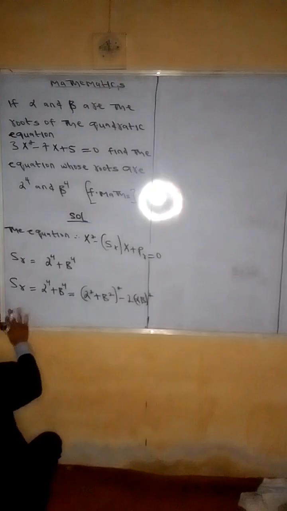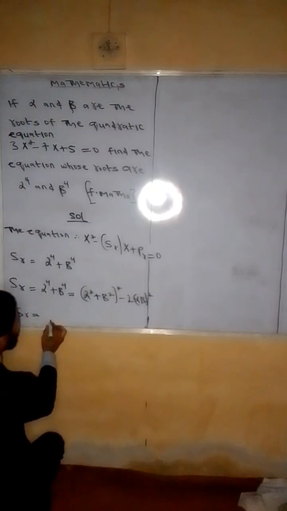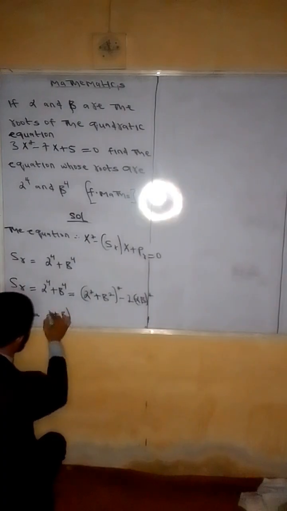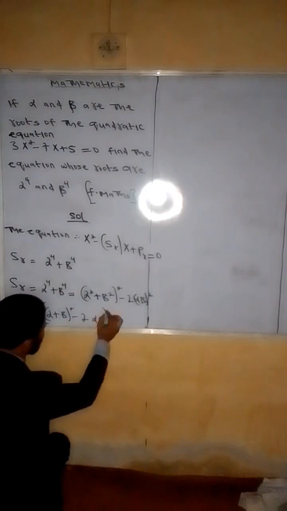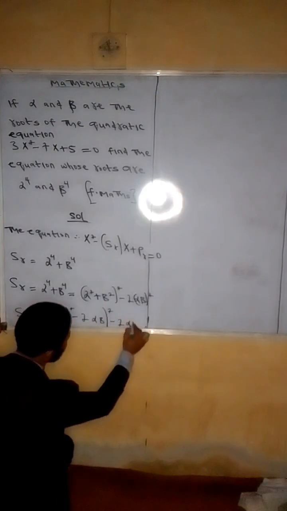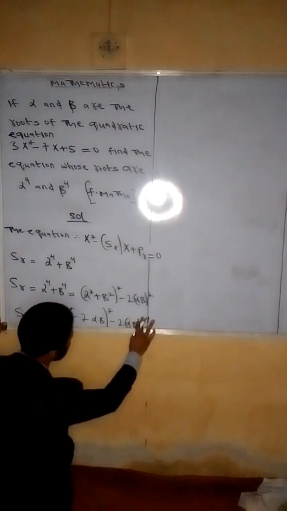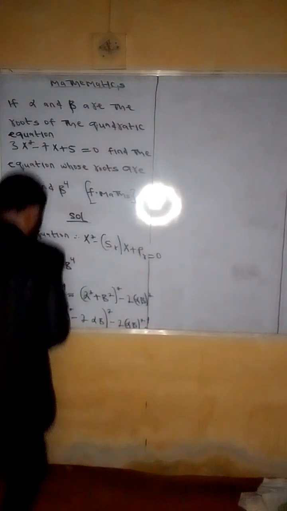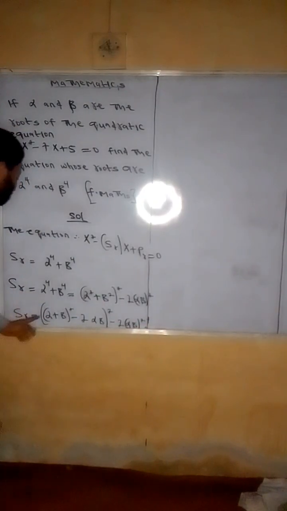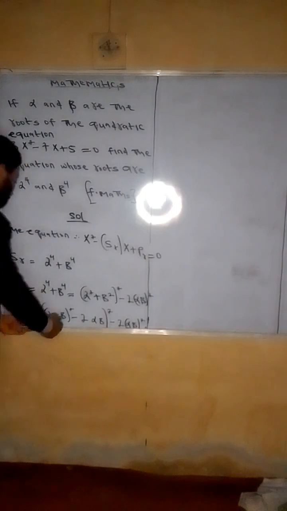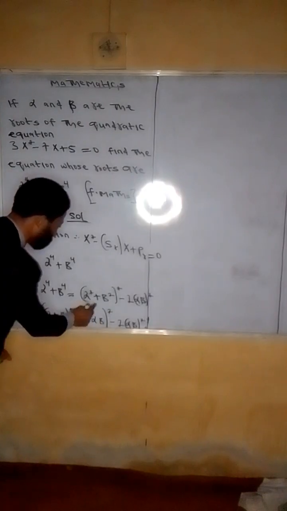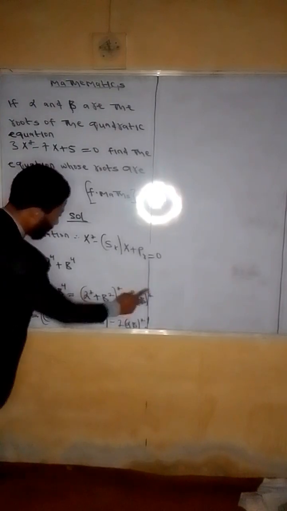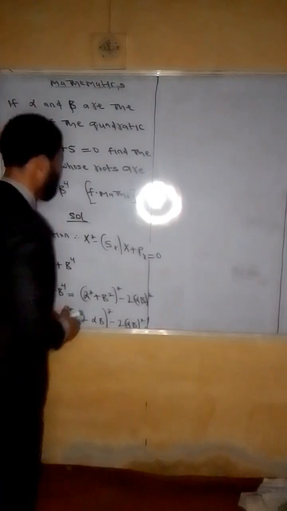So when we continue, the sum of the roots is alpha squared plus beta squared. This can be written as alpha plus beta all squared minus 2 alpha beta, all squared, minus 2 alpha beta all squared. So at the end of the day, the sum of the roots is (alpha plus beta squared minus 2 alpha beta) all squared. Remember, we have the innermost bracket minus 2 alpha beta, all squared. That is what we are going to have.